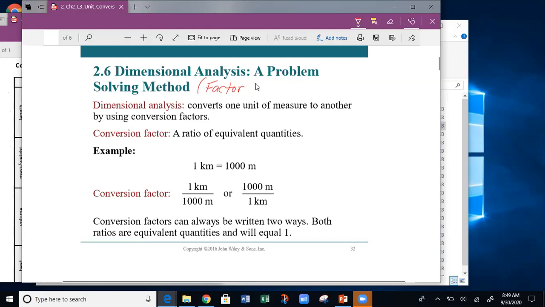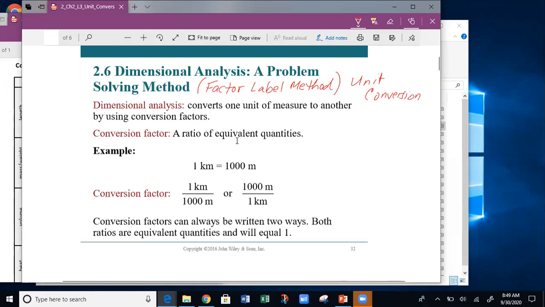So we're starting to talk about dimensional analysis. It is also called the factor label method, and it is also called unit conversion, which is probably the best name for it, being that that is what it is.